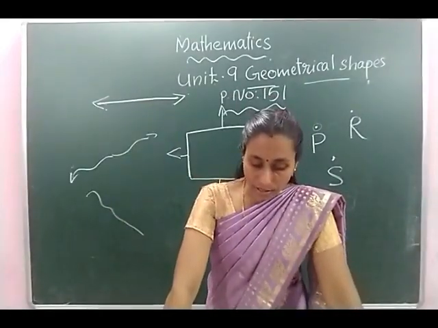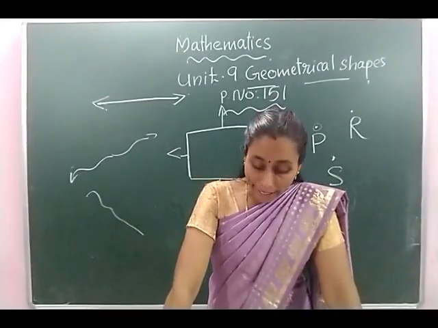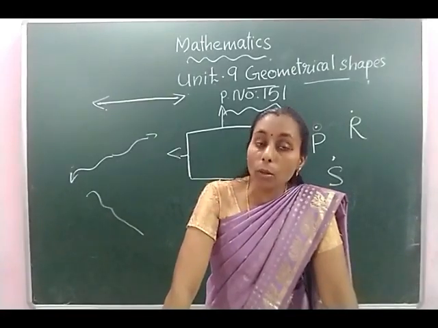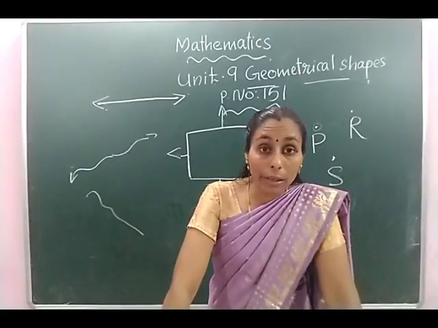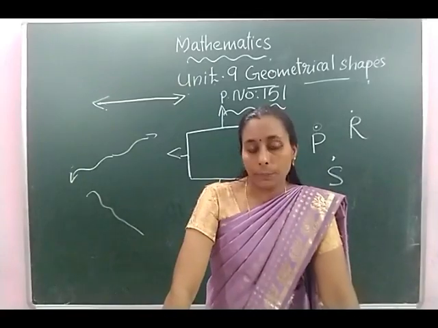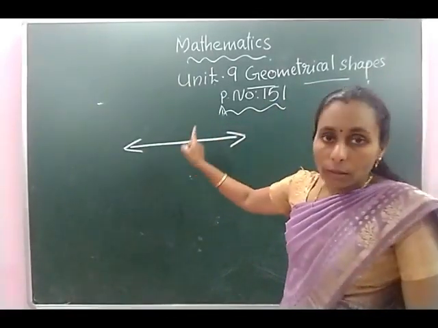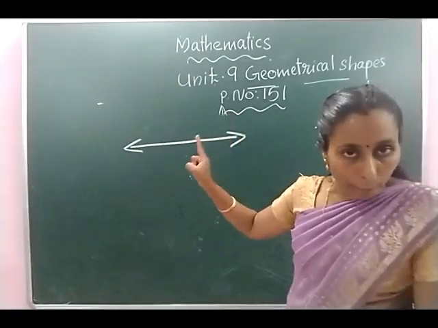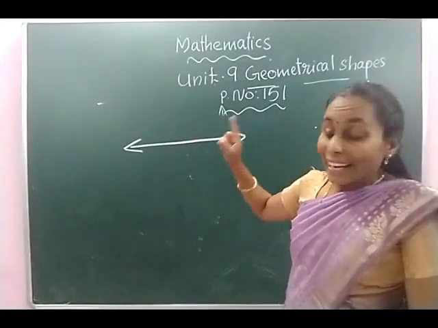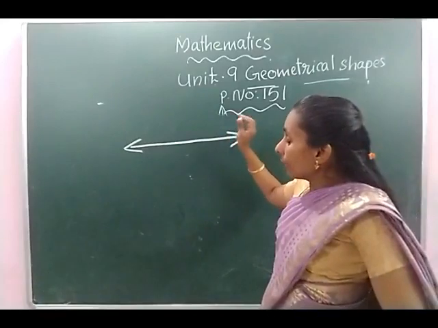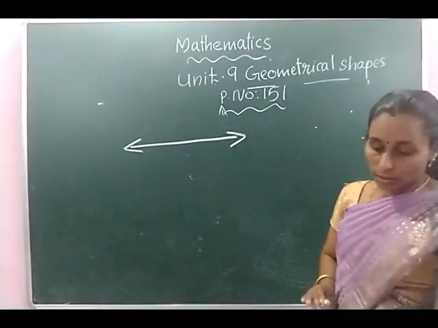A line is a collection of points extending endlessly in both directions along a straight path. We have drawn a line on the board.